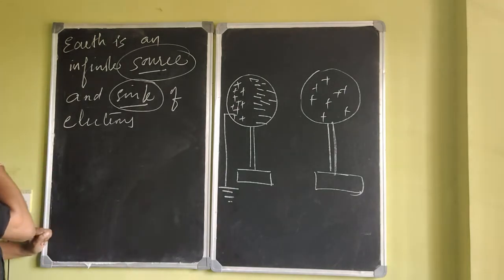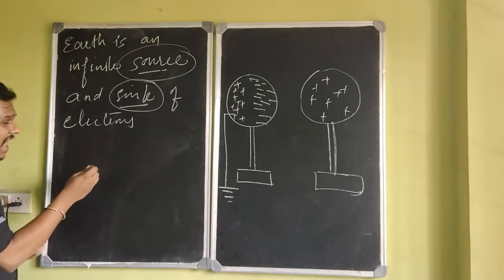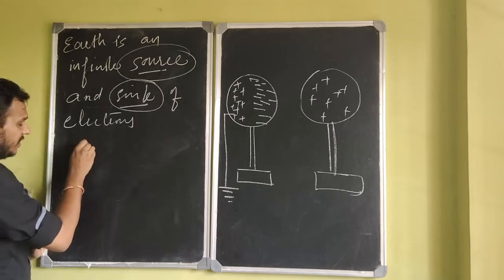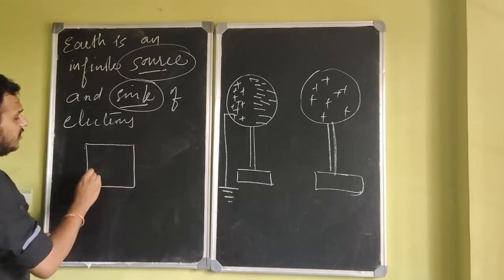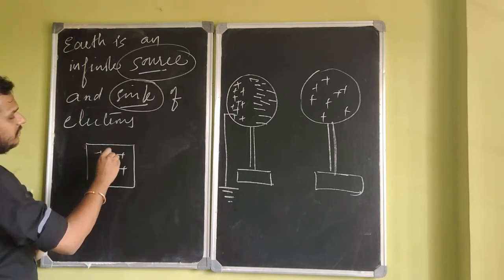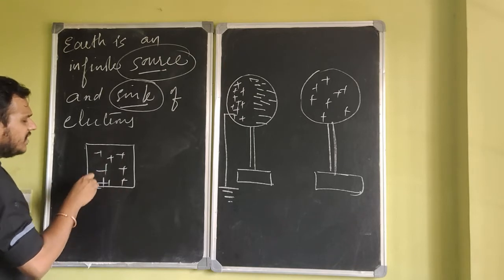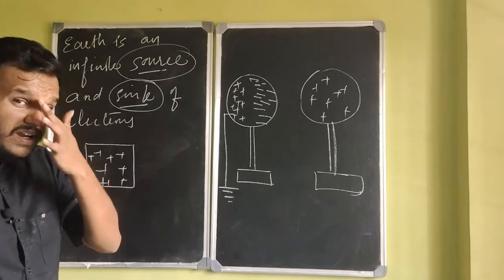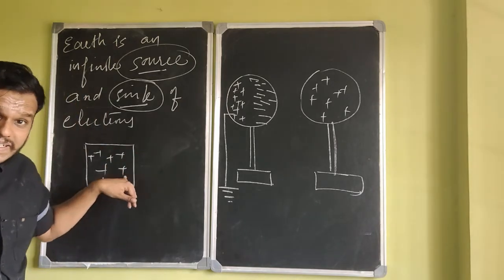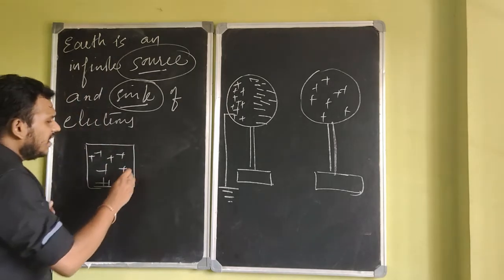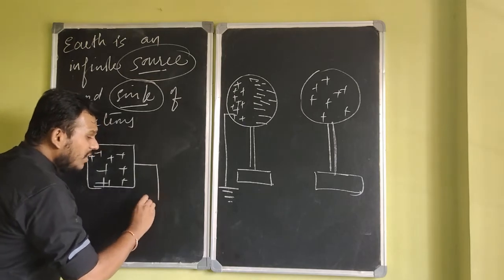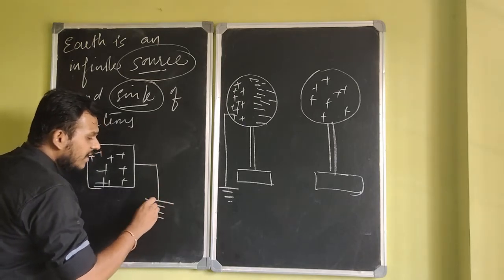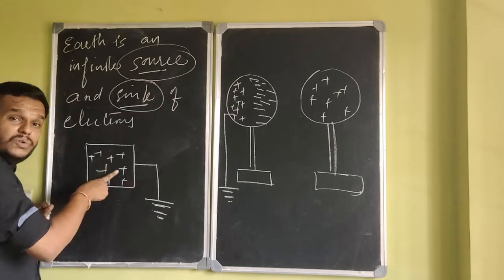Fine. Now, why will this happen? Please listen carefully. Let's say you take a charged object. When something is positively charged, what does that mean? Less number of electrons than protons, right? You have removed some electrons, that's why this object has gained positive charge. Now the moment you connect this to Earth, the Earth will have a tendency to neutralize this object.